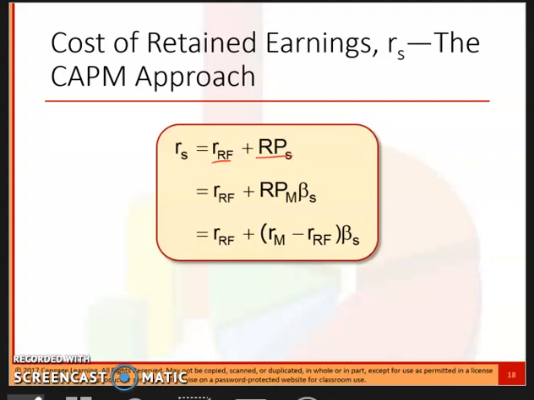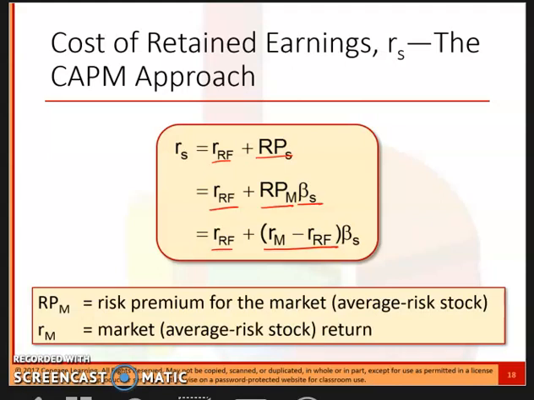So that's equal to the risk-free rate plus the market risk premium, which is just the return on the market minus the risk-free rate, multiplied by the beta for that stock. So that's how we break it out into the capital asset pricing model. The risk premium is the risk premium for the market or the average risk stock.